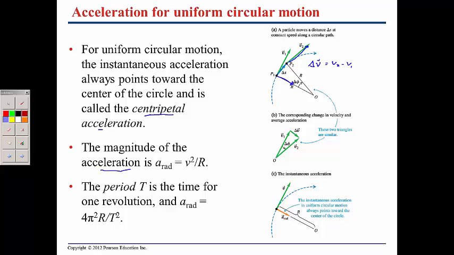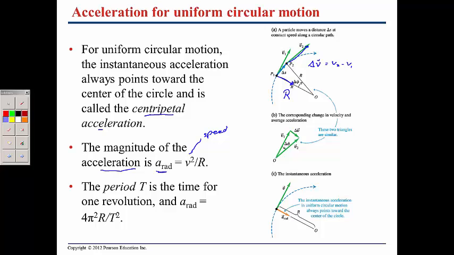Now we can calculate what the magnitude of the acceleration is if we know the radius of the turn and the speed. So the v right there is speed, not velocity, because this is just the magnitude of the acceleration. It doesn't have any direction associated with it.